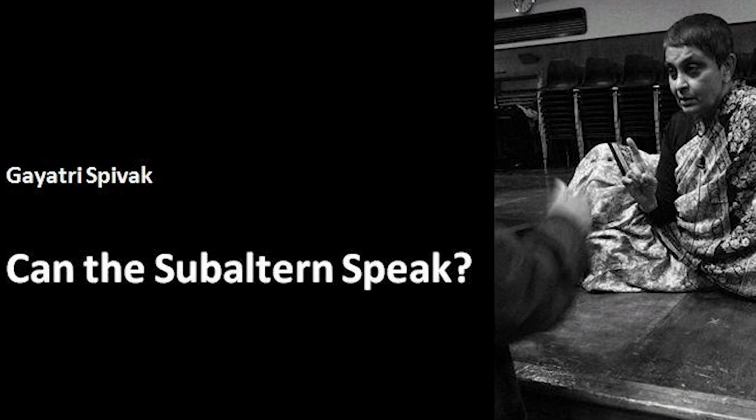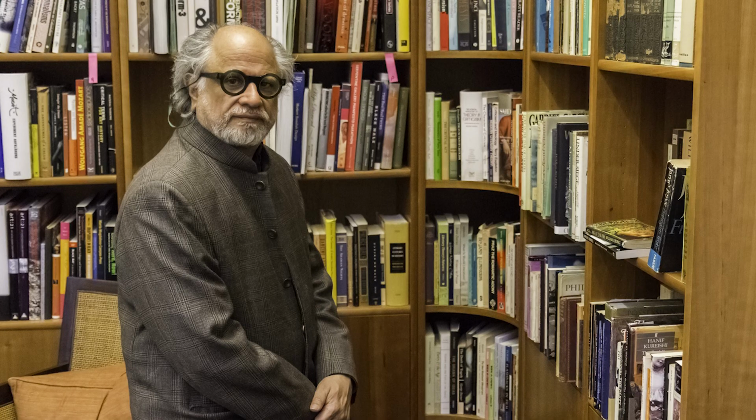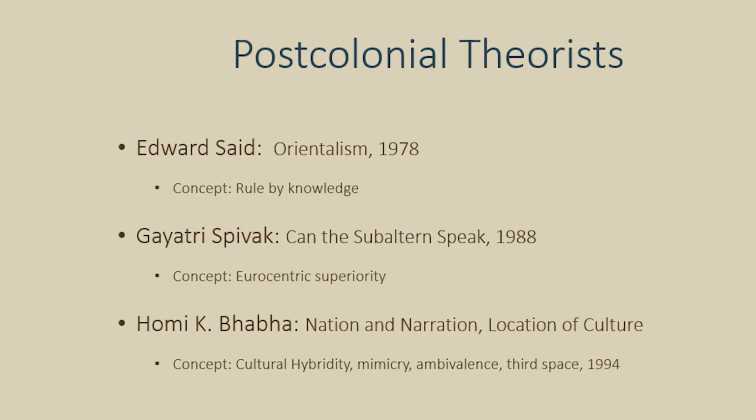She talks about Eurocentric superiority. Then Homi K. Bhabha, इनके दो important works थे, Nation and Narration, Location of Culture. सो इसमें ये बात करते हैं कल्चरल हाइब्रिडिटी की, मिमिक्री की, एम्बिवेलेंस की, थर्ड स्पेस की. So that's how these three philosophers were very handy for me as far as to understand what the post-colonial period is and what is going on behind the post-colonial theories and how it is operating as a visual communication design instrument.